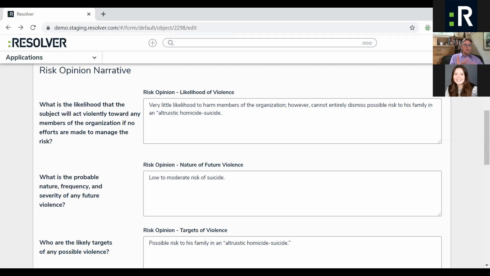What's the likelihood the subject will act violently toward any members of the organization? I just said here, very little likelihood to harm members. However, cannot entirely dismiss the possible risk to his family. Now, let me say, I wrote these in.